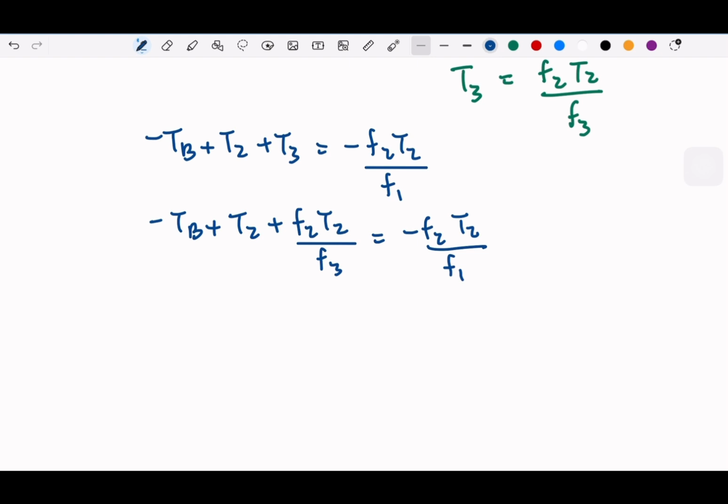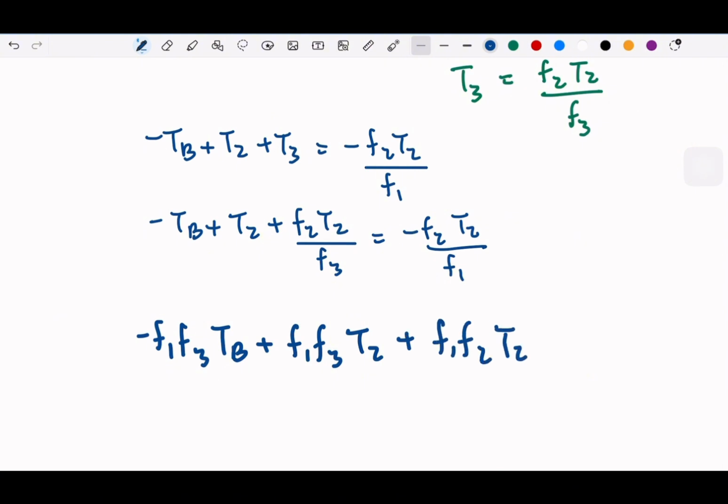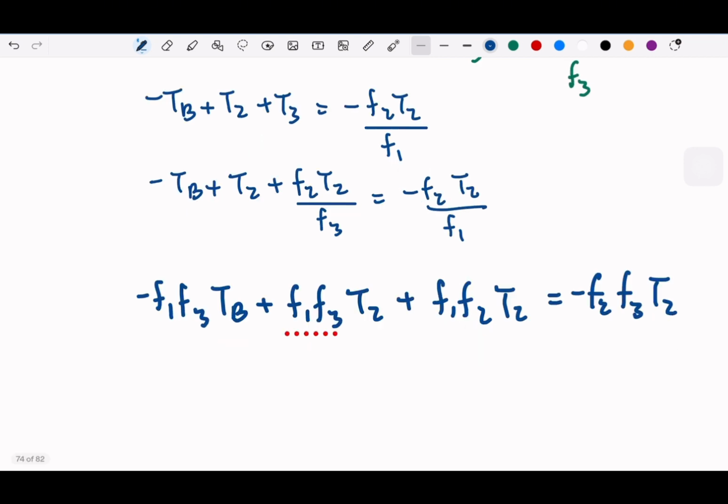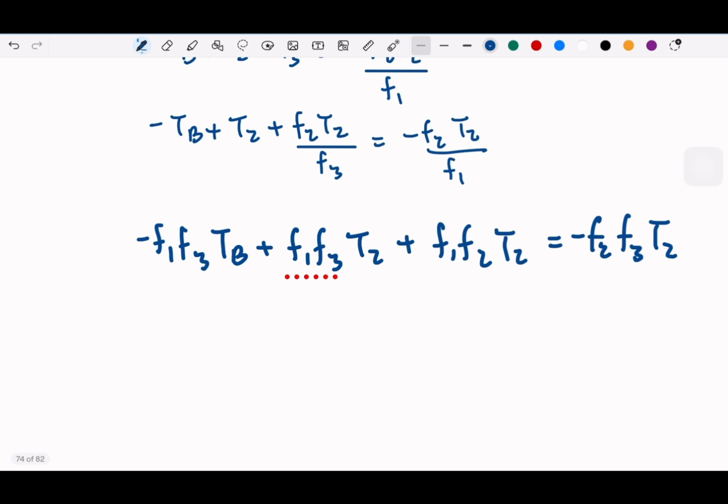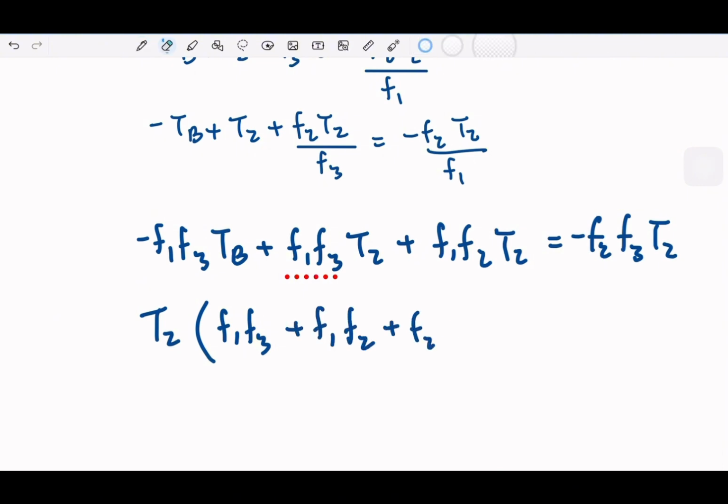Let's say we multiply with F1 F3. So this will be negative F1 F3 TB plus F1 F3 T2 plus F1 F2 T2 equal negative F2 F3 T2. And then we move the T2, will be F1 F3 plus F1 F2 plus F2 F3.